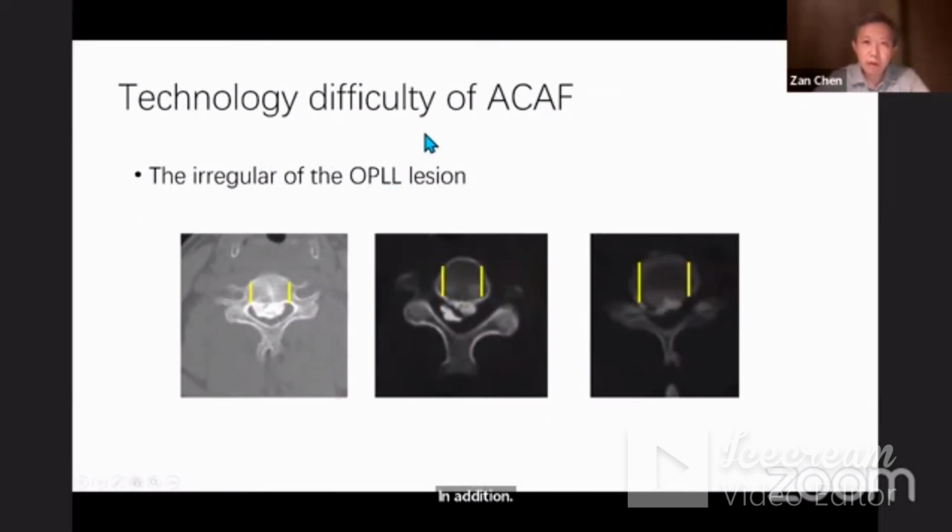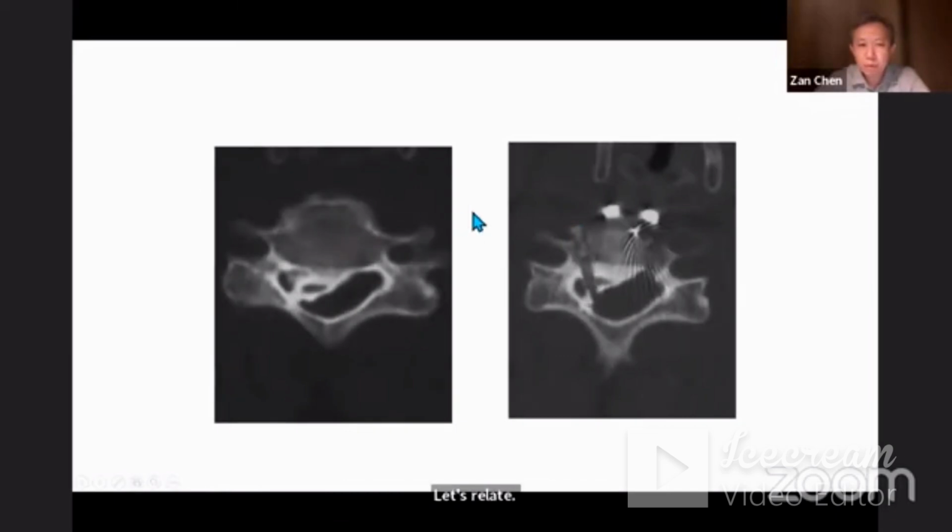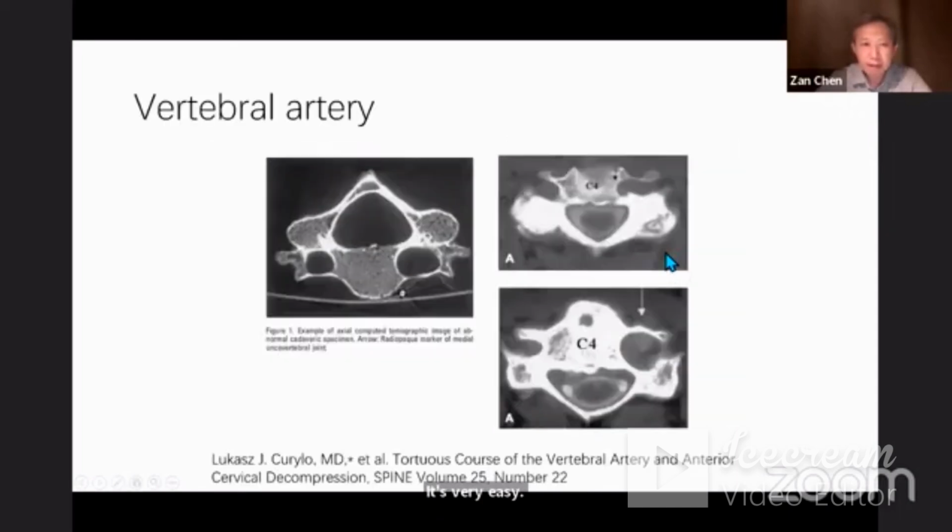The most difficult part of this technique is how to cut open the vertebral body on both sides, because the OPLL lesion is sometimes irregular, and sometimes the lesion is lateral. So in the beginning, if we cut the vertebral body not so properly, we will cut open the OPLL lesion, and it's very easy to lead to a CSF leak.